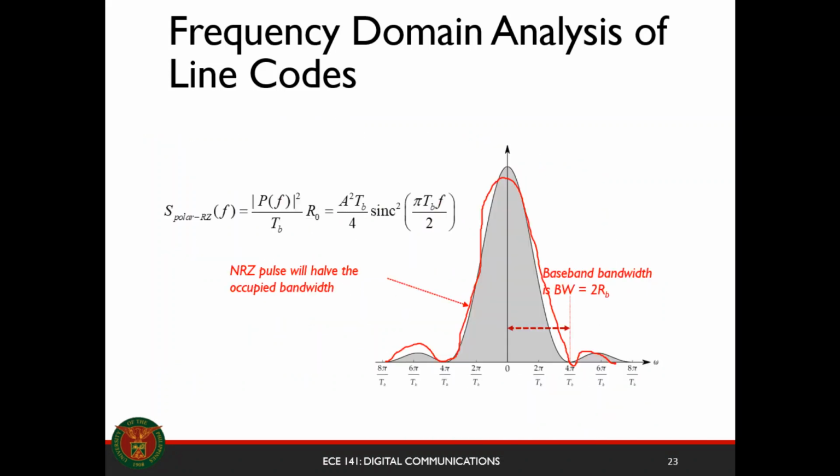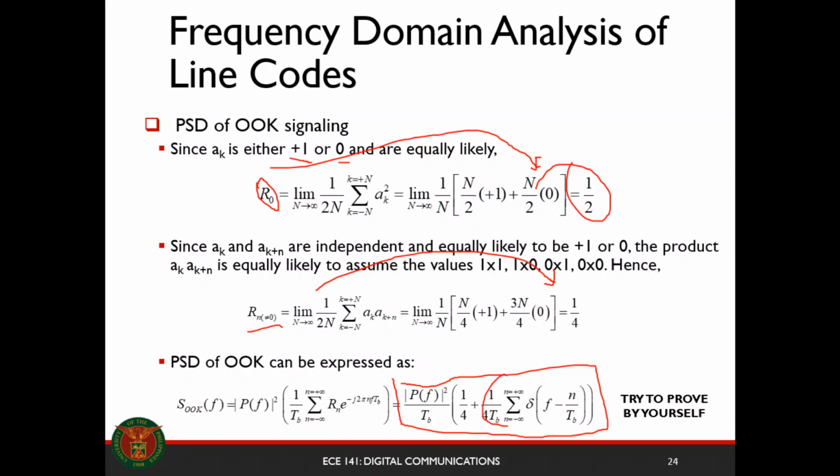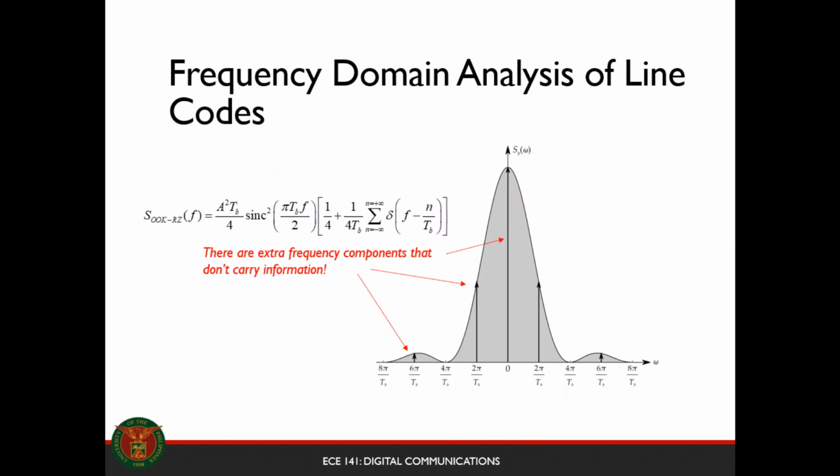If you compare it, it has a sum of delta functions, the graph of which looks like this. We have this impulse train within the sinc pulse, and it doesn't provide us any information. So it's basically a waste of power. That's the difference between your polar and unipolar signaling.